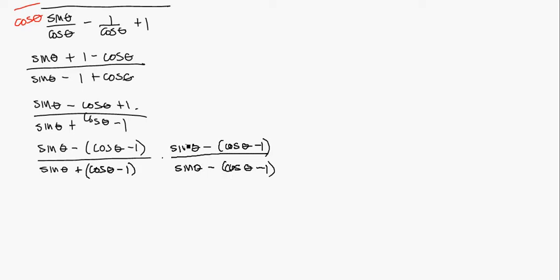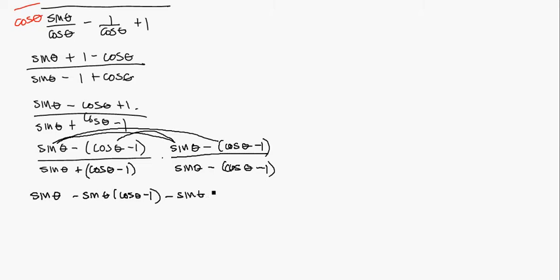So, not that you would ever think of this, but this is just a technique that you can use for a problem that's pretty involved like this one here. So, when I multiply these two, this times this is sine theta. This times this is negative sine theta cosine theta minus 1. This times this is minus sine theta cosine theta minus 1, and this times this is plus cosine theta minus 1 quantity squared.